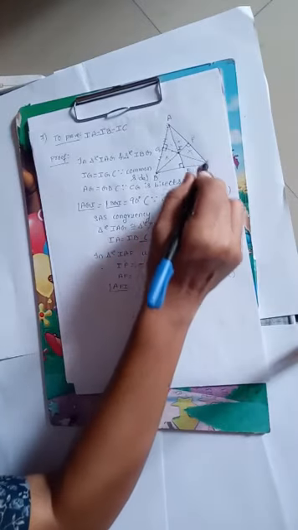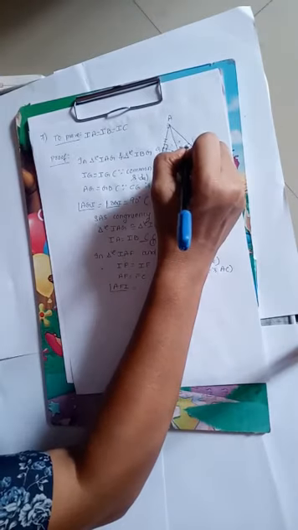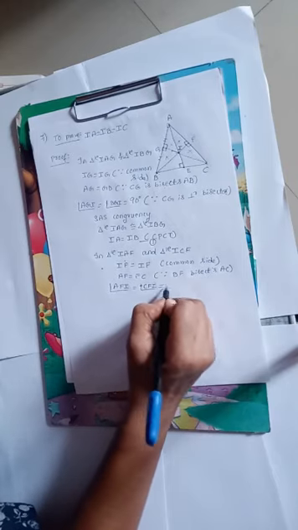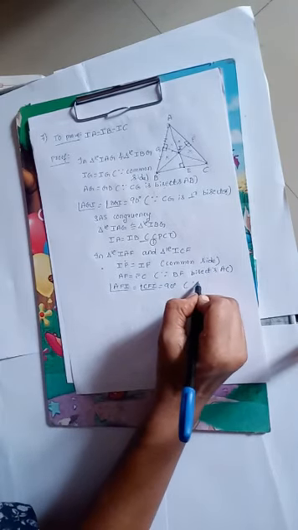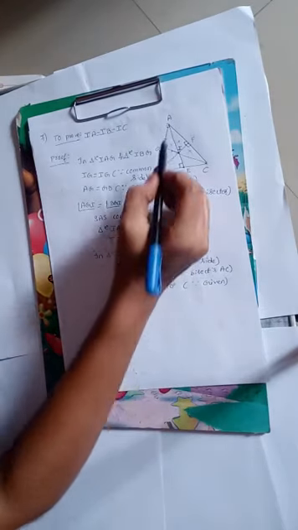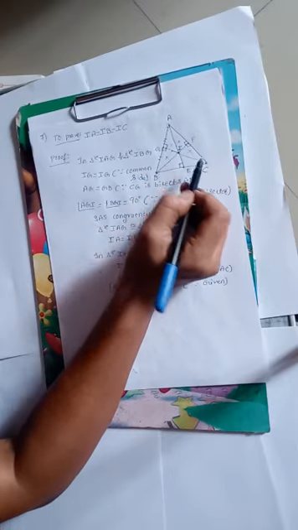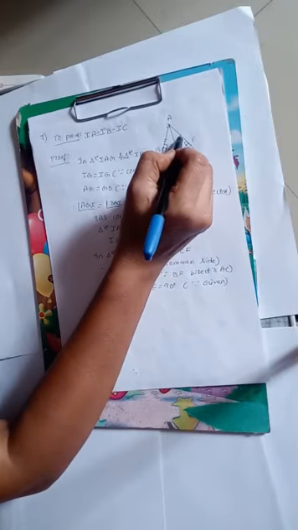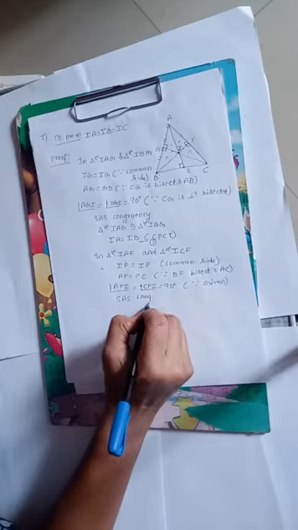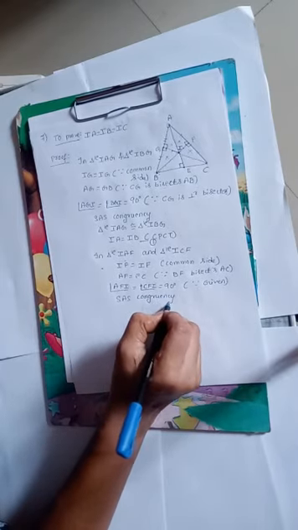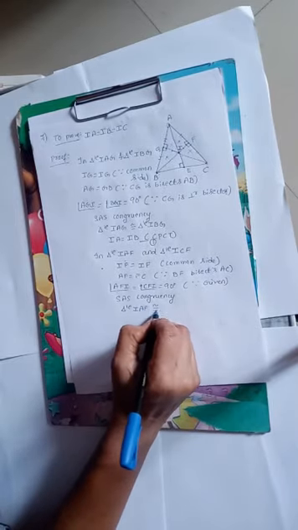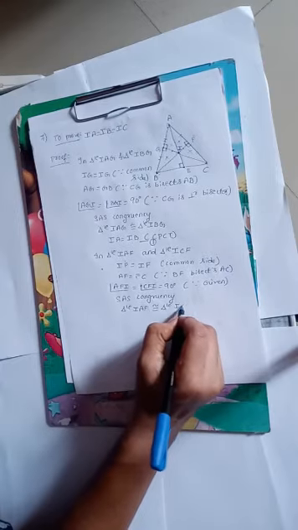Next, angle AFI is equal to angle CFI is equal to 90 degree. This is also in the given data. From the SAS congruency condition, you can tell that triangle IAF is congruent to triangle ICF.